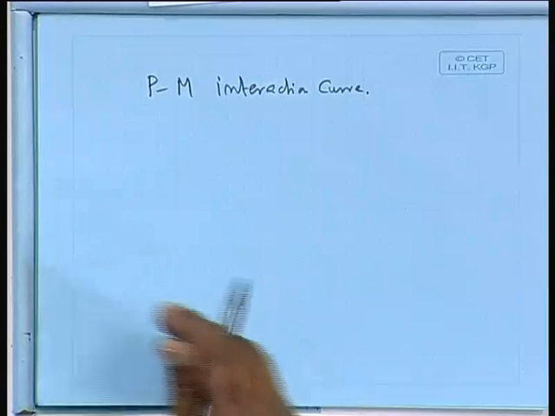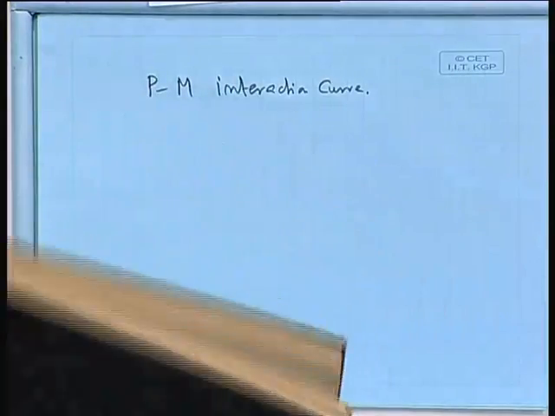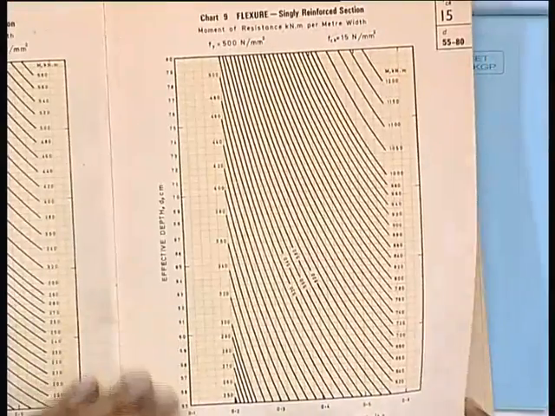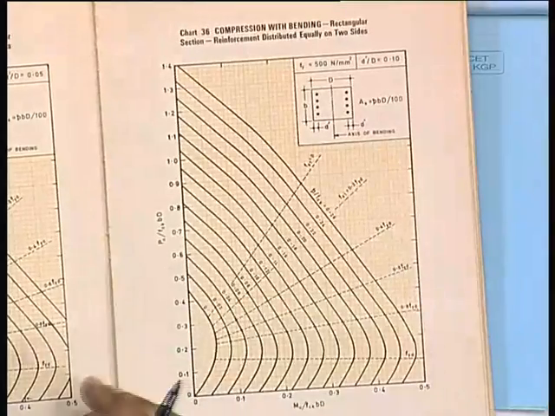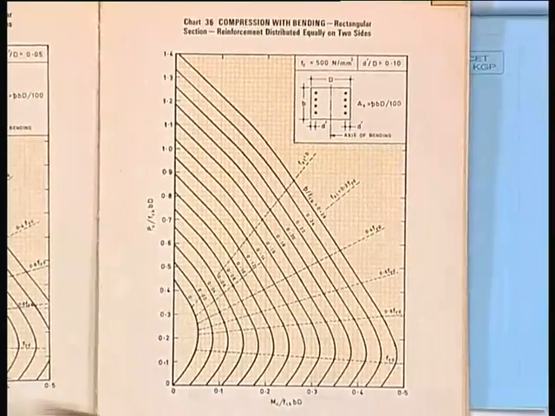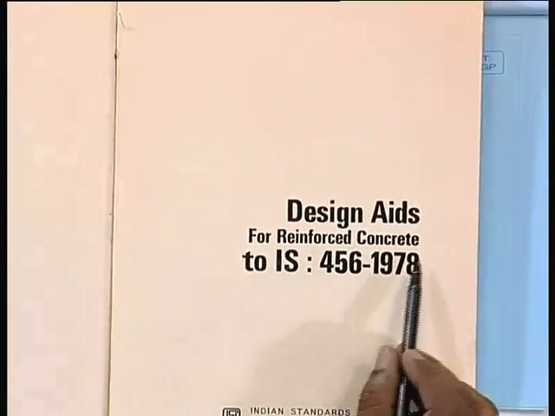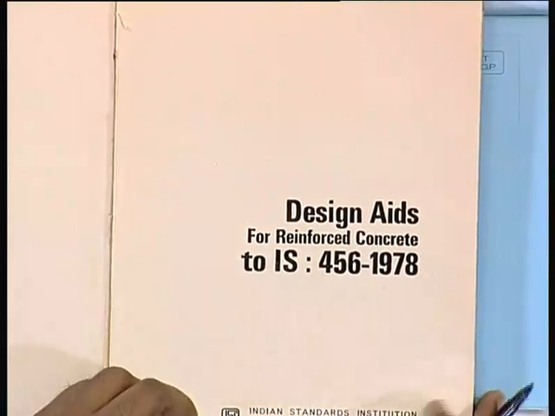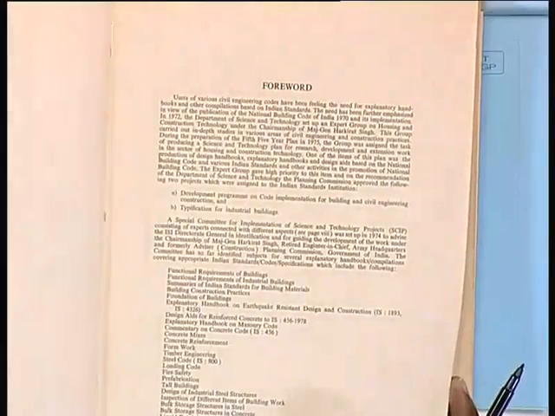That one you can get, I shall show you. Just to tell you, I have already referred to this one, Design Aids for Reinforced Concrete to IS 456, this is 1978 of course, SP 16, the special publication SP 16, where you will find a lot of charts and tables.